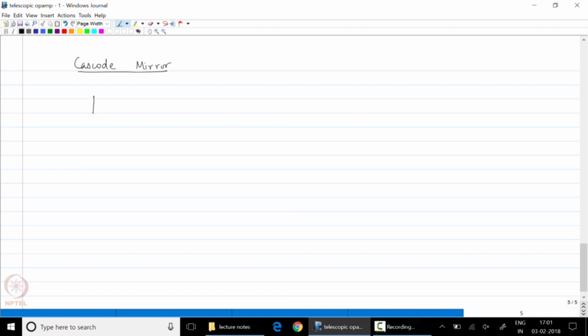I start with a simple current mirror. This has an output resistance of RDS. And now I need to add a cascode device to improve the output resistance of the current mirror even further. So I move to a cascode current mirror, which looks like this.